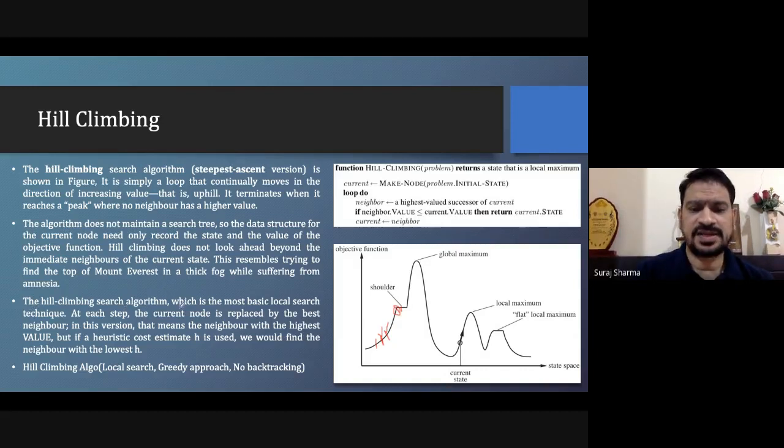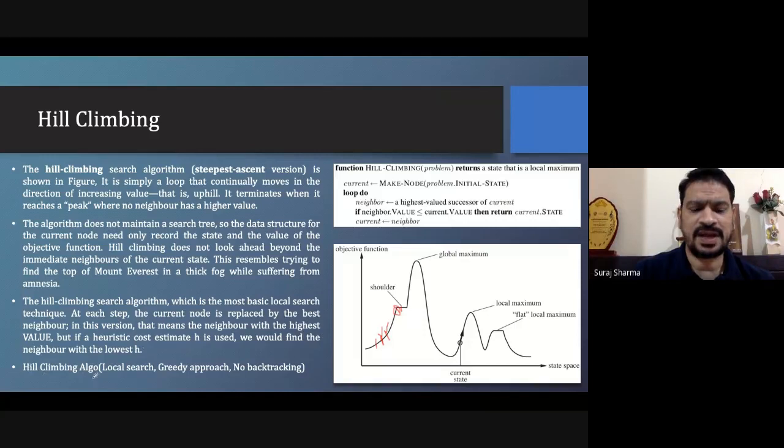The hill climbing search algorithm, which is the most basic local search technique: at each step, the current node is replaced by the best neighbor. In this version, that means the neighbor with the highest value, but if a heuristic cost estimate h is used, we would find the neighbor with the lowest h value if the objective is to find the least h.